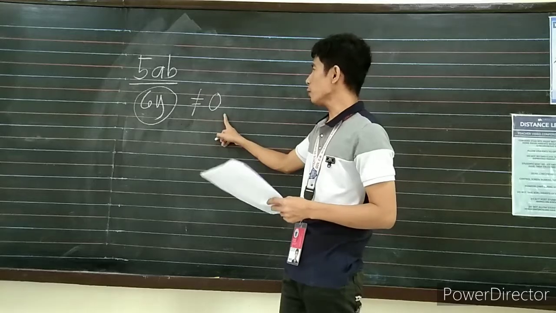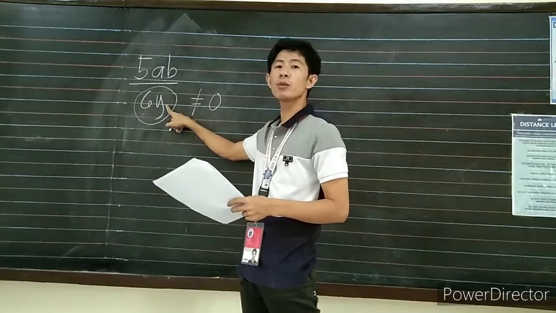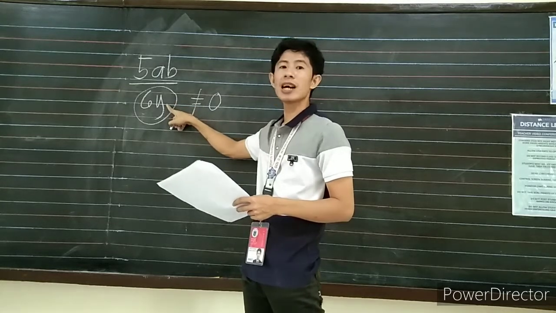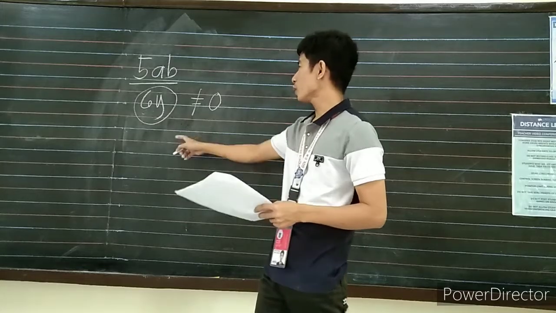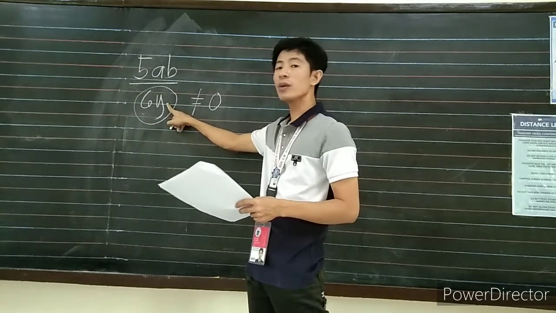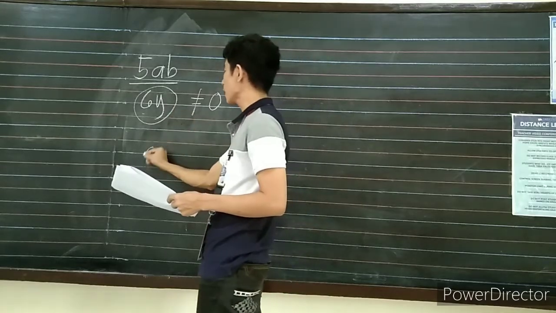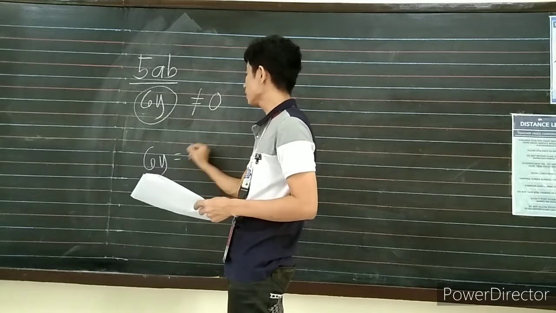And if we are going to ask what is the possible value of y that makes this denominator equal to 0, okay? To solve that, to find the value of y that makes it equal to 0, we're just going to copy the denominator, 6y is equal to 0.